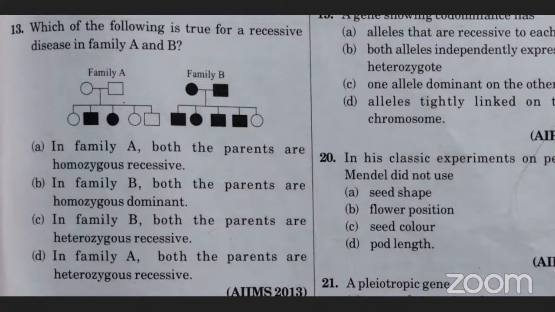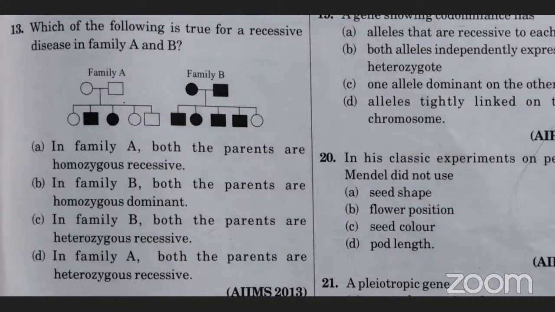Clear. In family A, both parents are heterozygous recessive is correct. Why is the D answer correct? Any idea? If both parents in family A were homozygous recessive, both would be diseased and there would be 100% diseased progeny. But we did not get 100% diseased progeny. We received only two affected progeny, and the remaining three are normal.